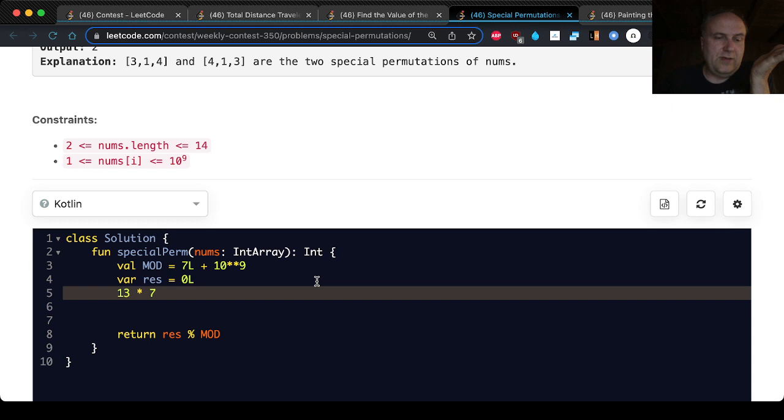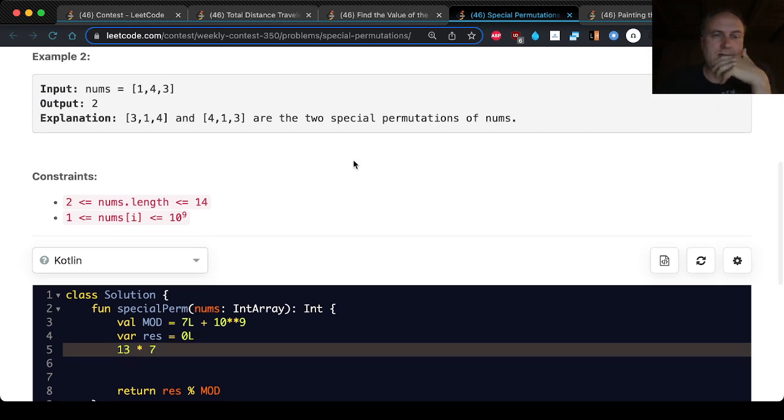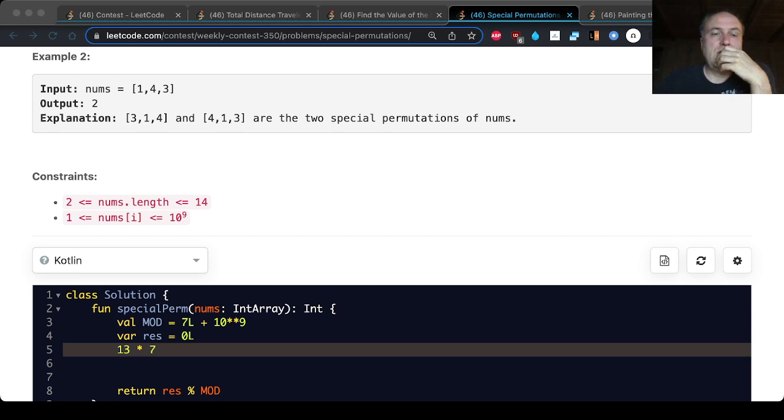Why do I need to mod it? If it's correct, so it's 7 times 14. Okay, 7 times 13, sorry. So it's 91.